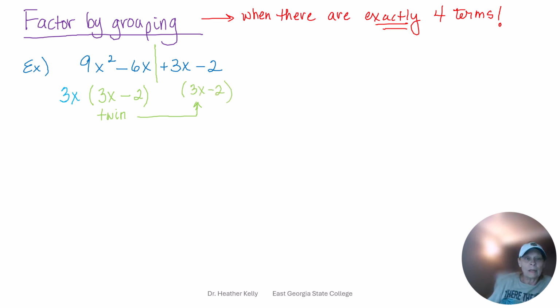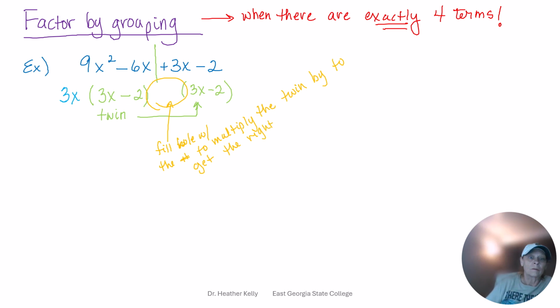And then you notice that there's kind of a hole here, and we have to fill the hole with the number to multiply the twin by to get the right-hand side of the expression.